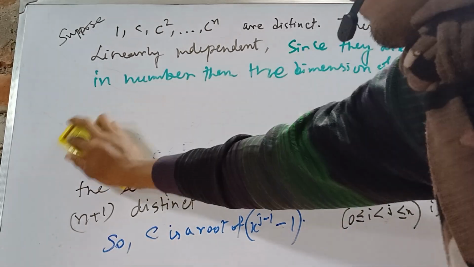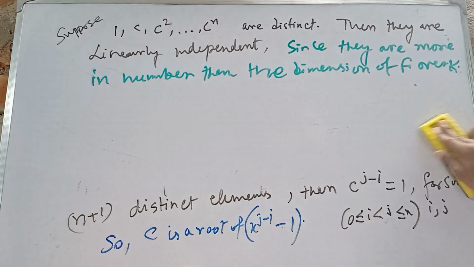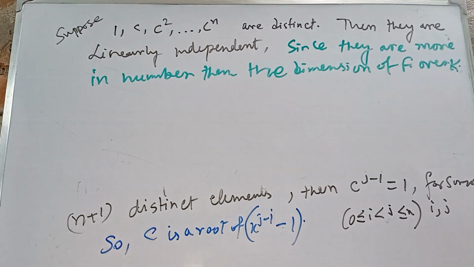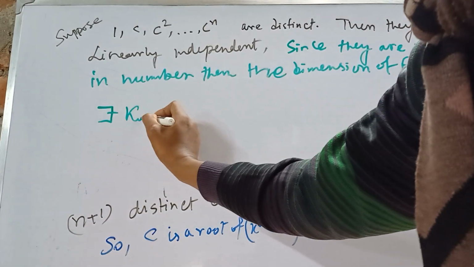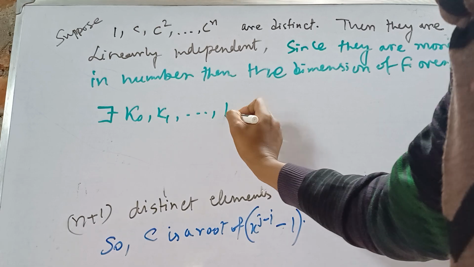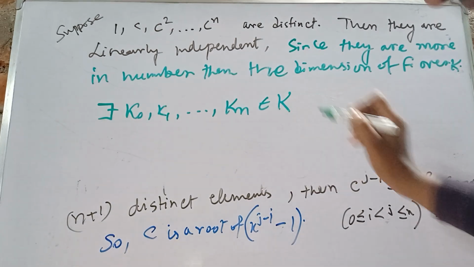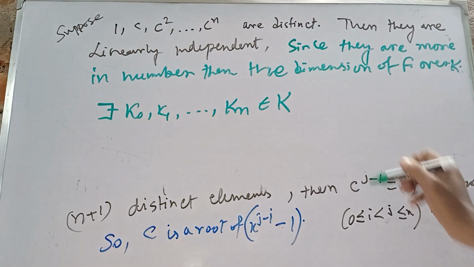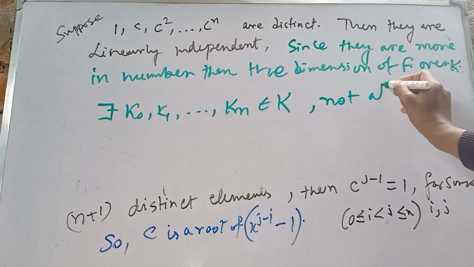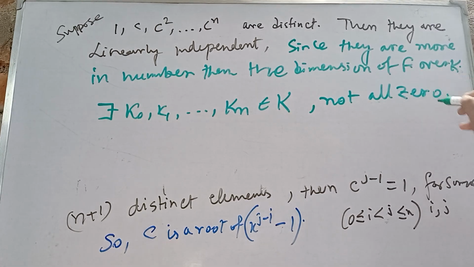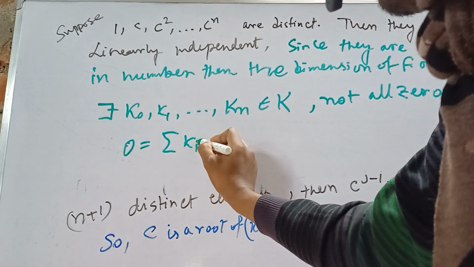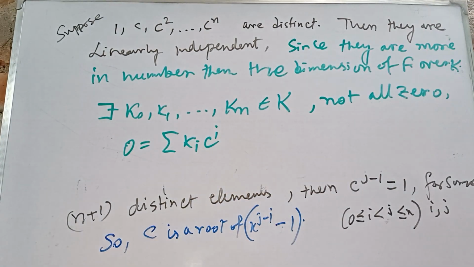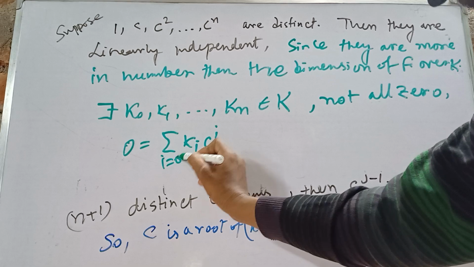Then what happens after that? There exist k0, k1, up to kn belonging to K, not all zero, such that 0 equals the summation of ki c to the power i, i equal to 0 to n.